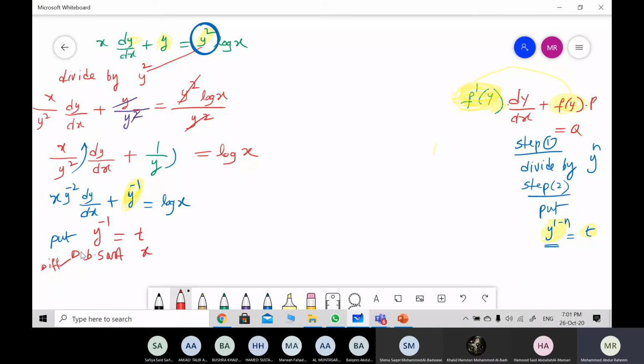What is the derivative for this? x to the power of 2n minus 1. Okay. dy over dx, dt over dx.